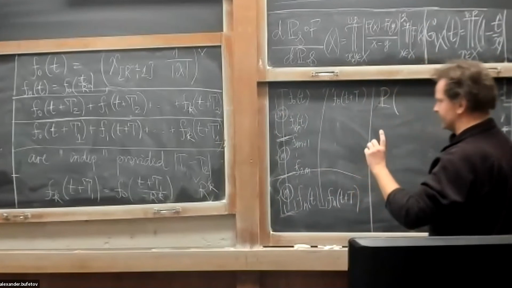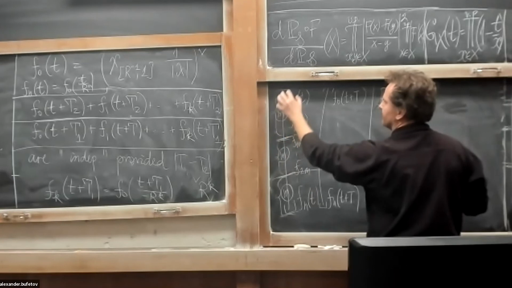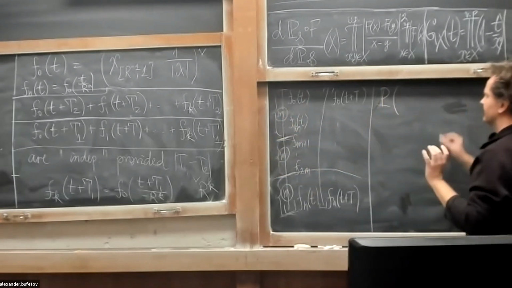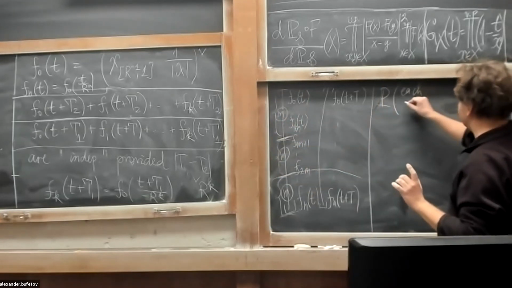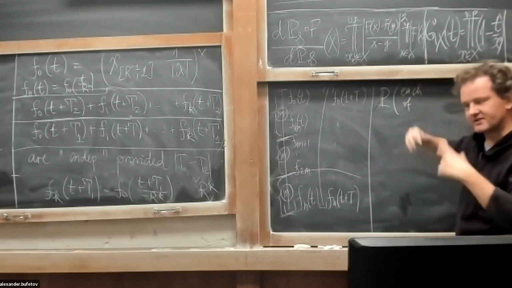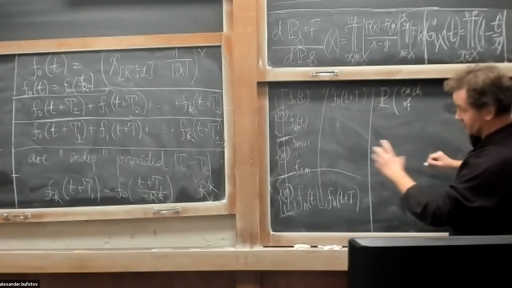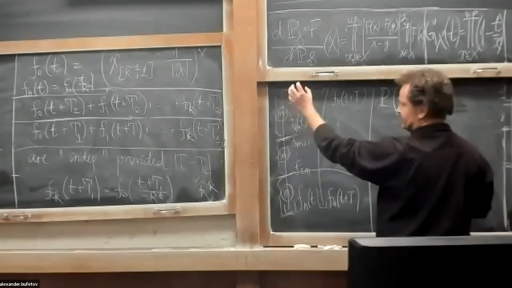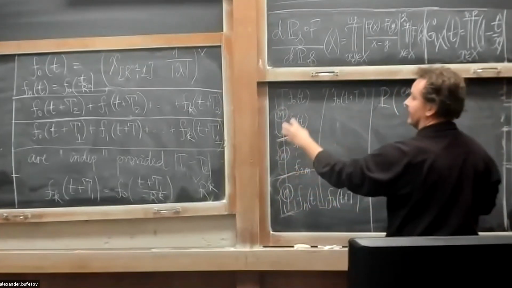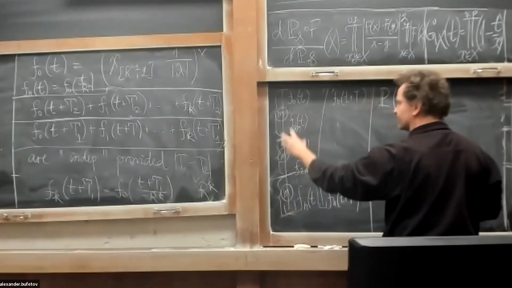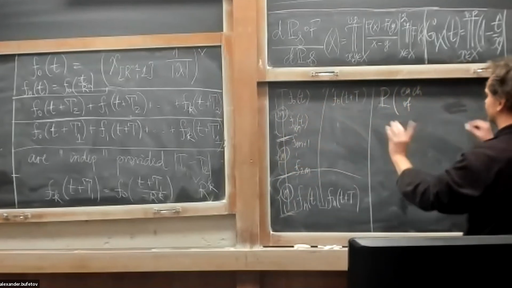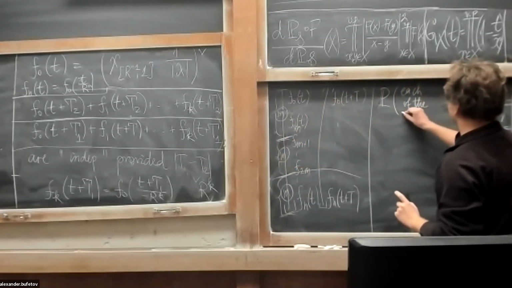I want to estimate the probability that each of the m pieces is big. How big? I already said this, on the order of the variance. Please observe that since these pieces are essentially independent, the variance is summing up. So I estimate the probability that each of the m pieces is on the order of the variance.